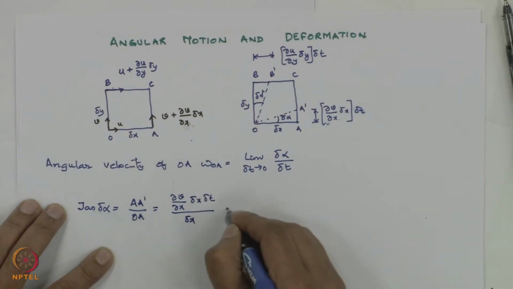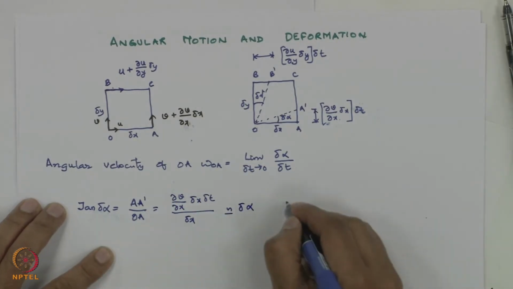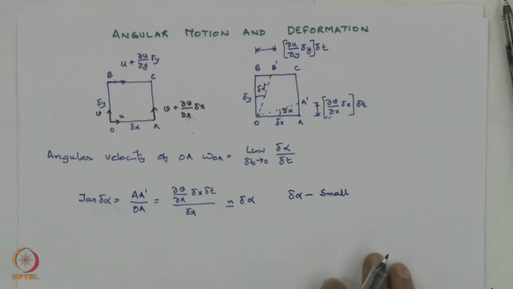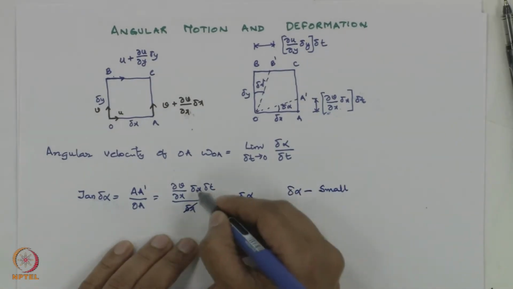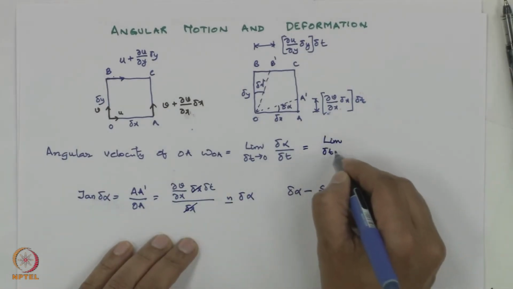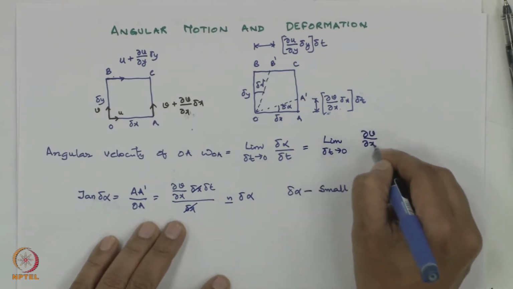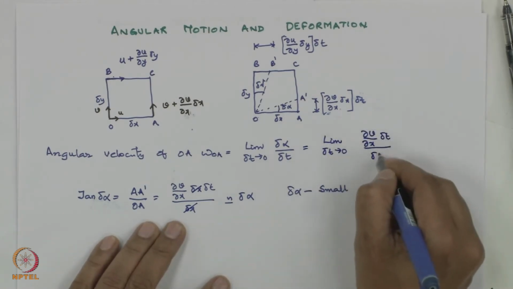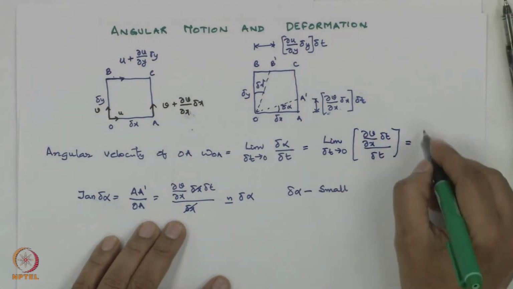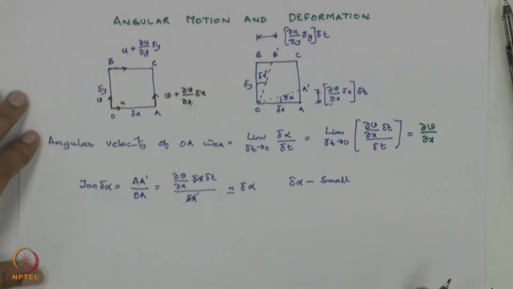But for small angles, tan δα is equal to δα, because δα is very small. So δx gets cancelled out. I can write the limit as δt tending to 0, δα is now ∂v/∂x δt upon δt. So that is nothing but ∂v/∂x.